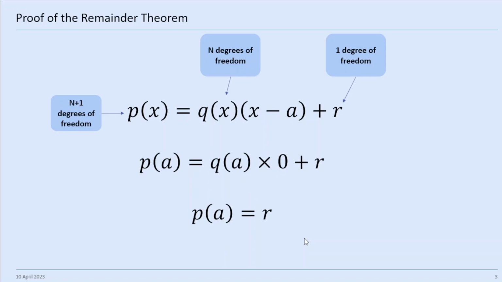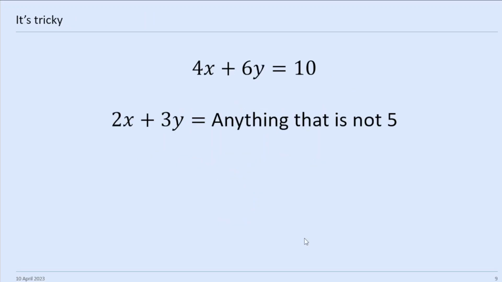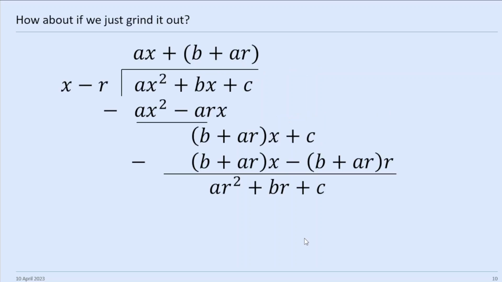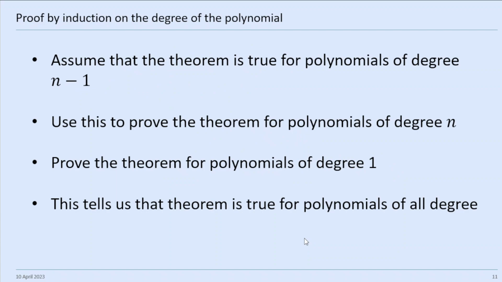It's just that we couldn't use a because we've got ax squared plus bx plus c, so we used r instead, but we mustn't think that's the remainder. Anyway, the remainder when we divide ax squared plus bx plus c by x minus r is ar squared plus br plus c, which is what we were looking for. So we've proved it constructively by polynomial division for quadratics, but not for all polynomials yet.